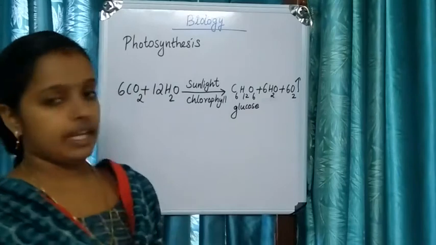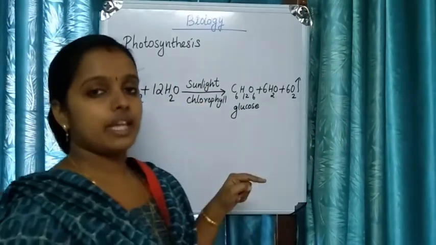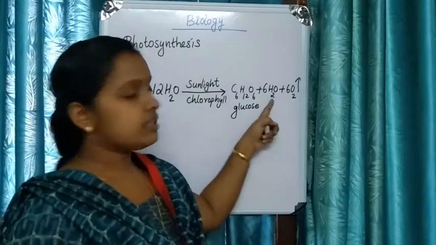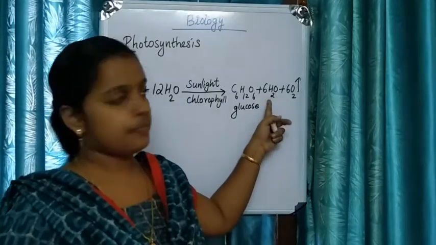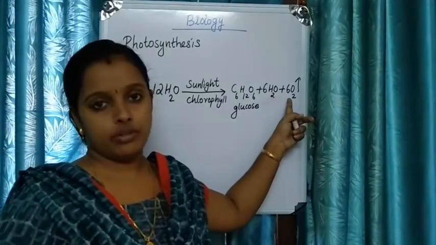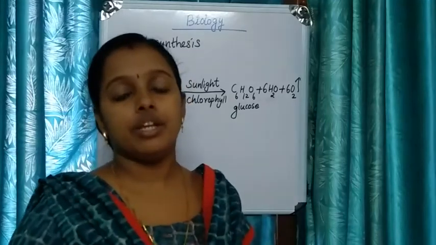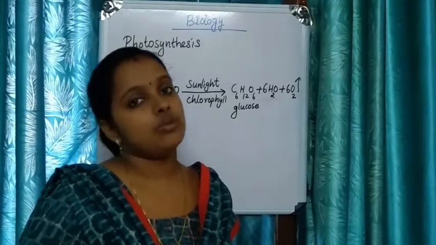Then again water. It is not the actual water; after the reaction, this water is produced. Then 6 oxygen molecules, 6 O2, will be liberated into the atmosphere through stomata.